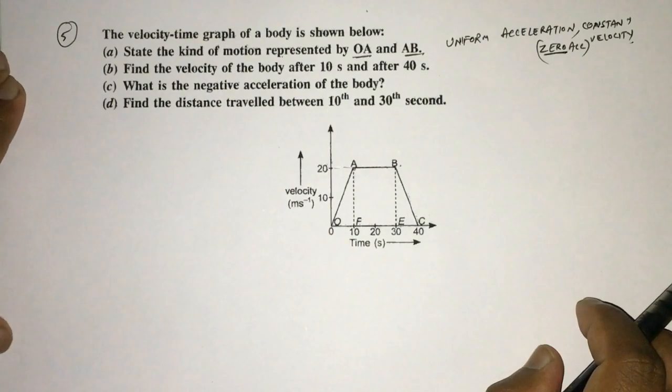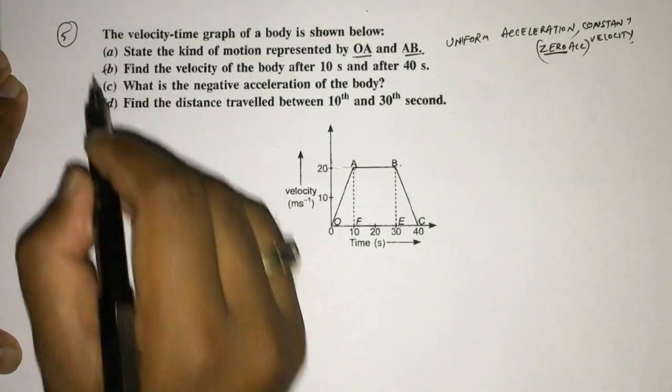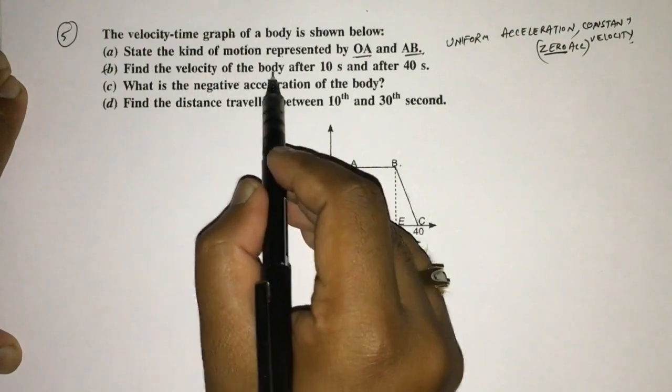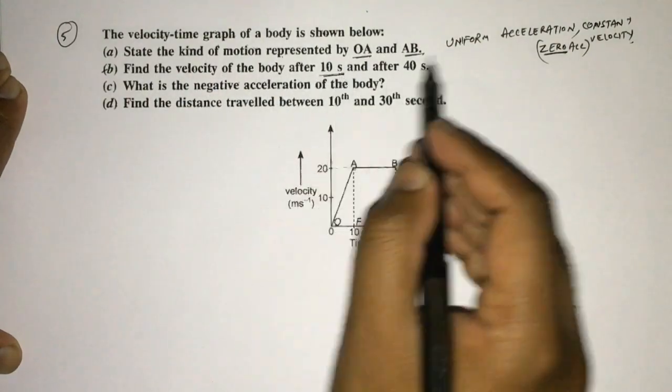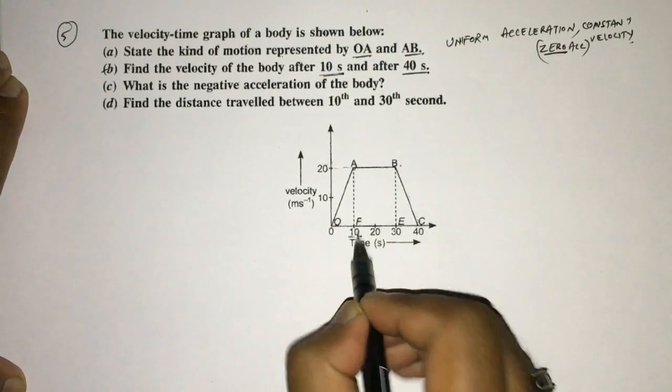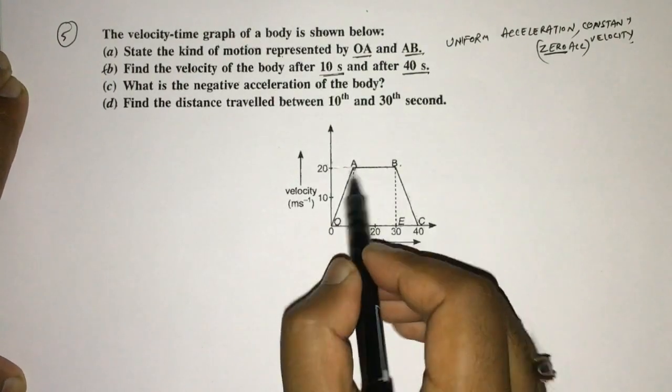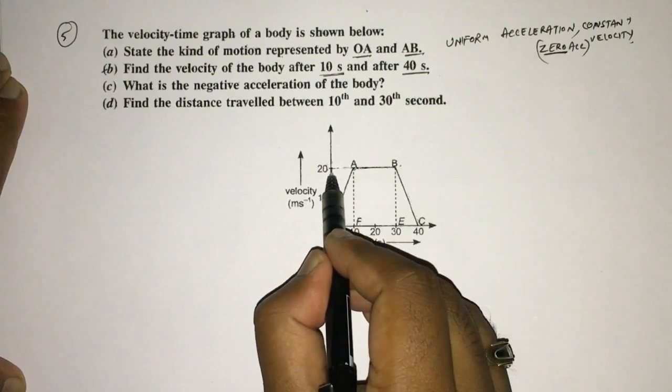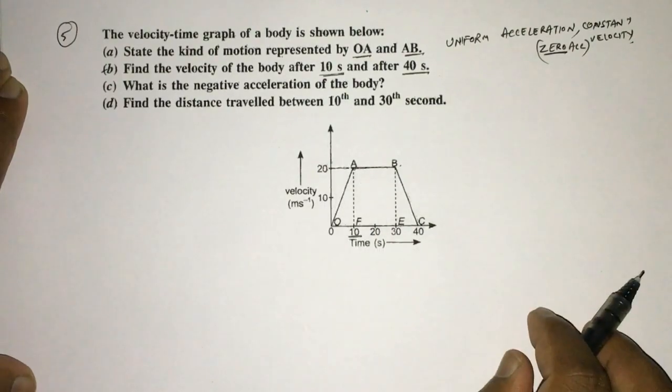Clear? Now, the second part is find the velocity of the body after 10 seconds and after 40 seconds. So here is 10 seconds. After 10 seconds, the velocity of the body is 20 meter per second.